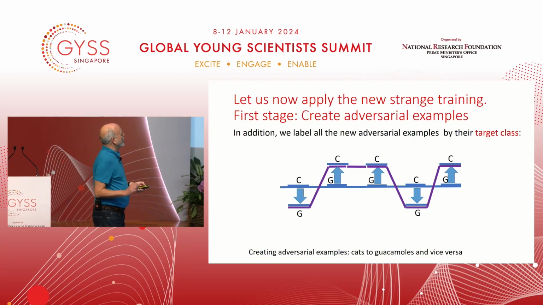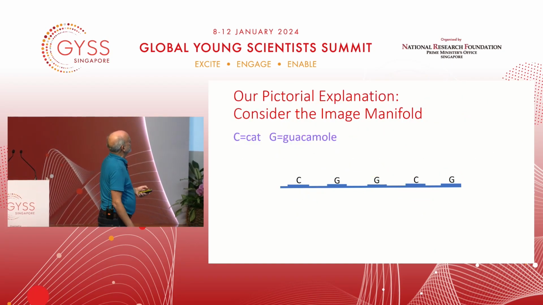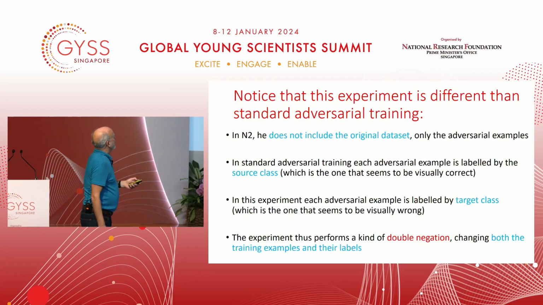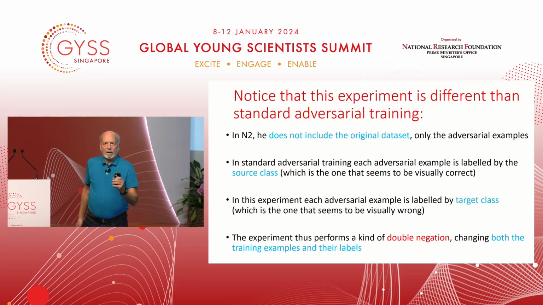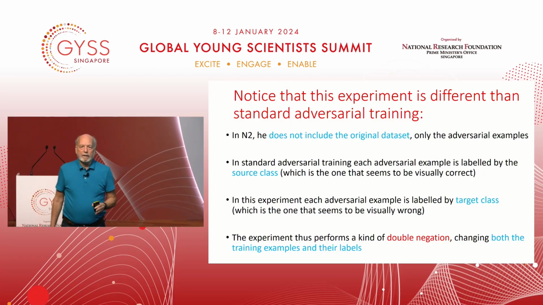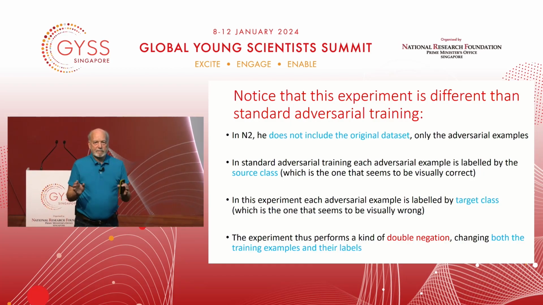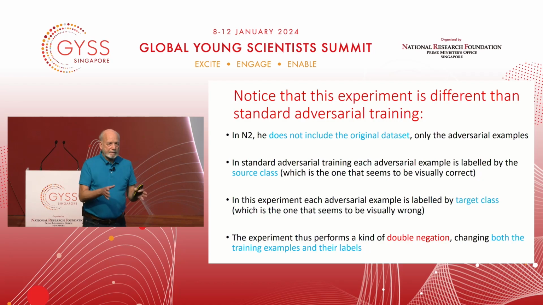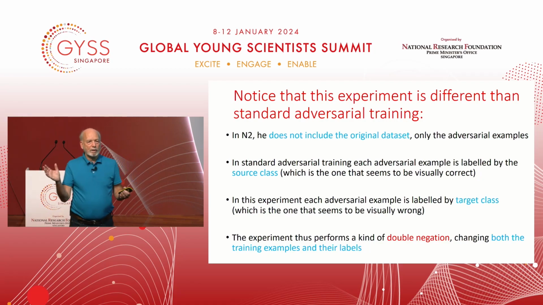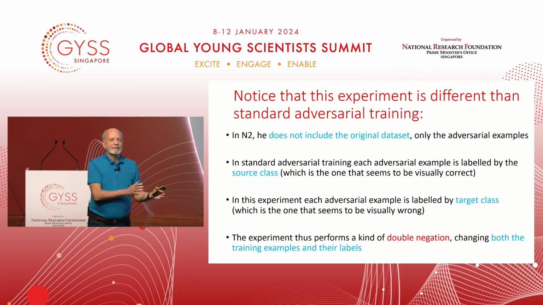I'll finish with one mystery which is solved by the new theory. Several years ago, a group from MIT published a very surprising result. Namely, they took cats and they made adversarial perturbations which made all the examples of cats into something that the network thought were guacamoles. And then they took a bunch of guacamoles and made the perturbations that make the network think that they are cats.